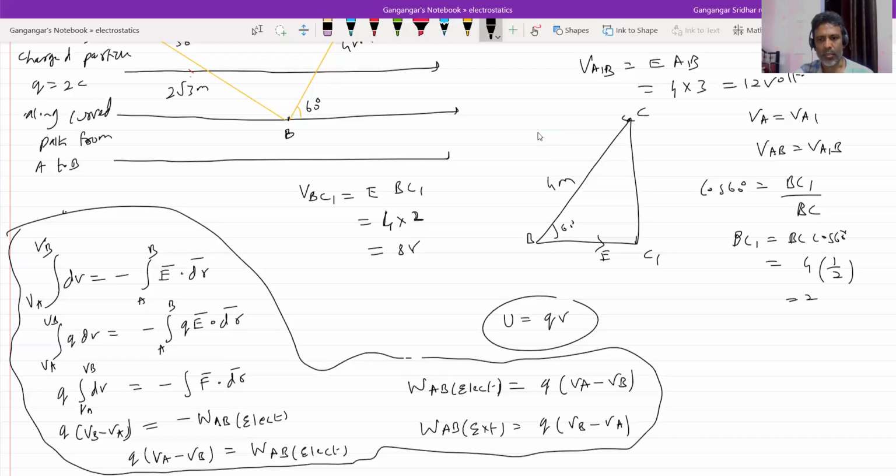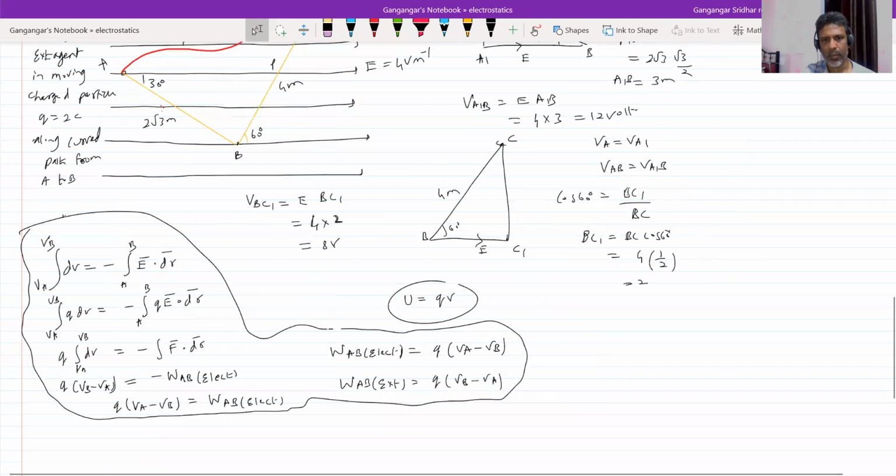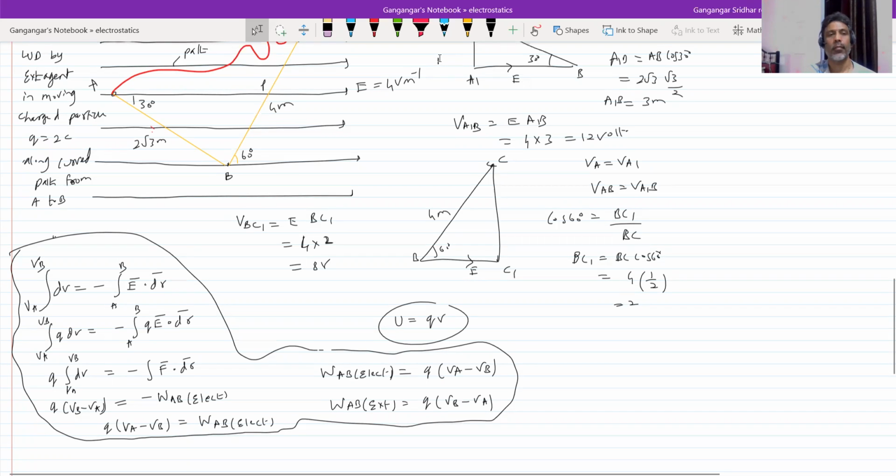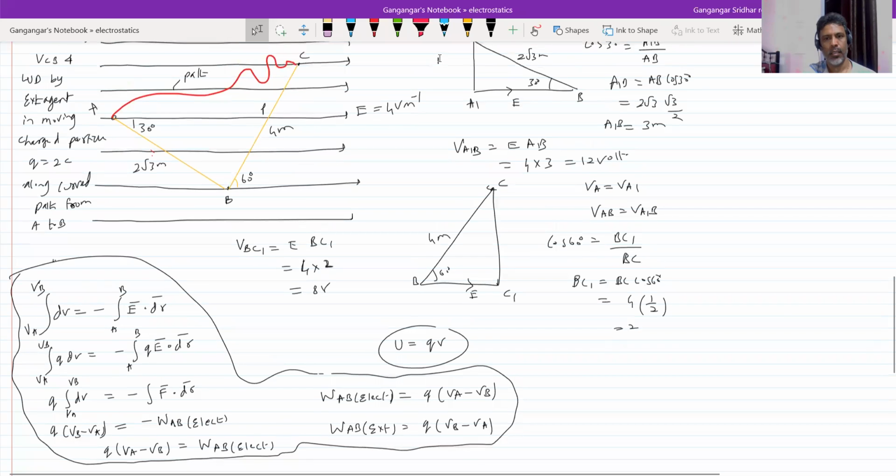Now, what is our question? I'll zoom in so that everything will be visible. Our question is to find the work done by external agent moving a charged particle from A to B. So do we know potential difference VBA? Sorry, this is C, no?